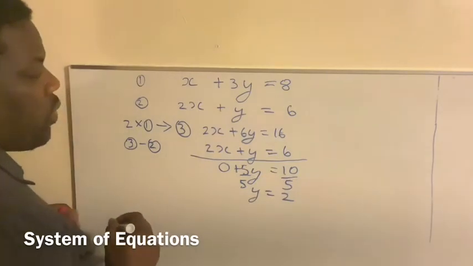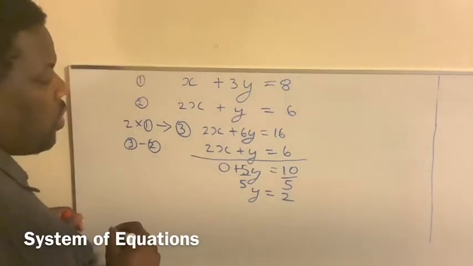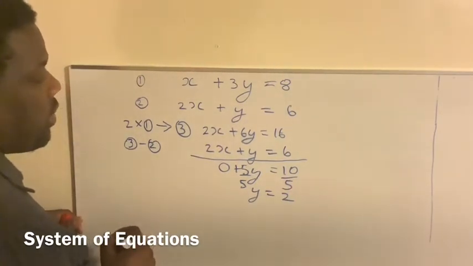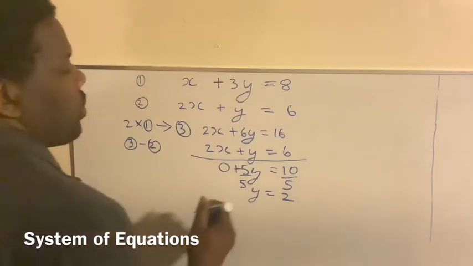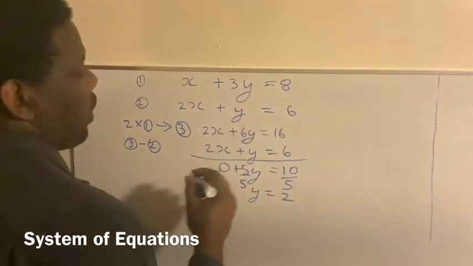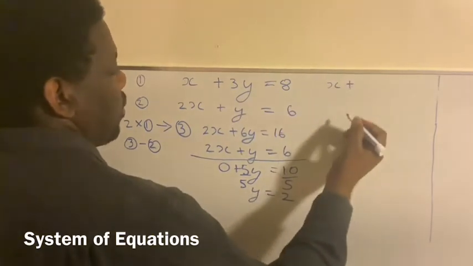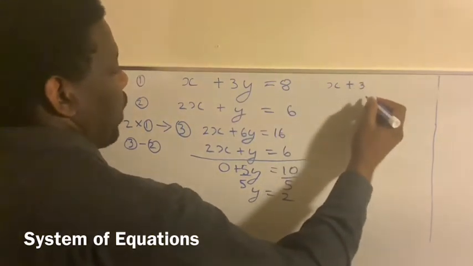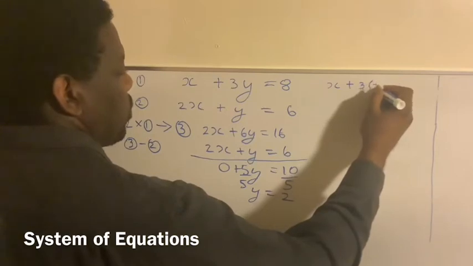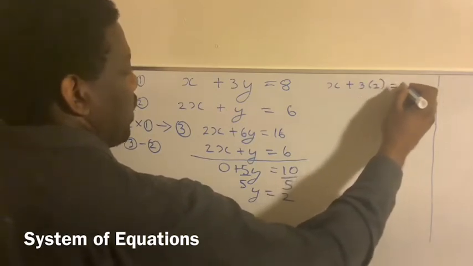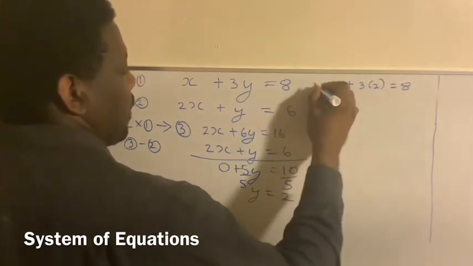And once we know y is equal to 2, we can solve for what x is. Just substitute. So let's choose equation 1. X plus, we replace the y with 2, is equal to 8. This is equation 1.